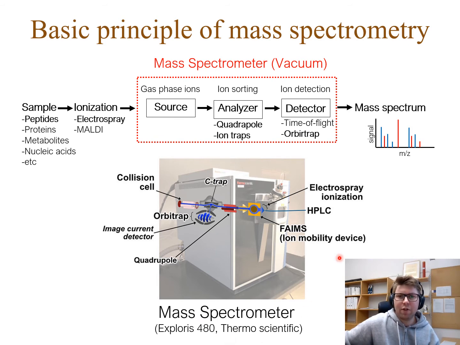To indicate the flow of events, peptides are first ionized using this electrospray technique. They are then analyzed and sorted using a quadrupole mass filter and a collision cell, which is an ion trap mass analyzer. Peptides are then shuttled through something called a C-trap into the Orbitrap mass detector, which gives you the mass spectra.